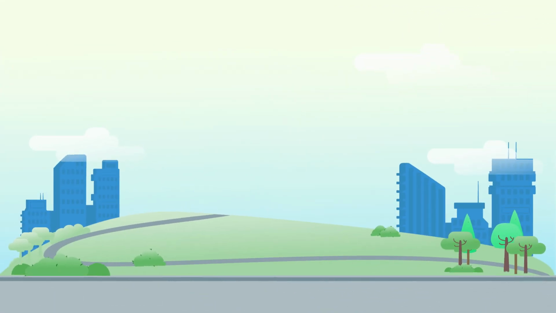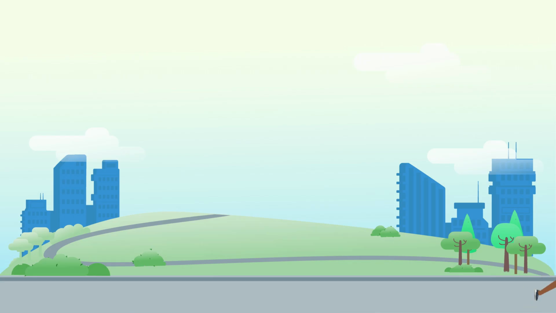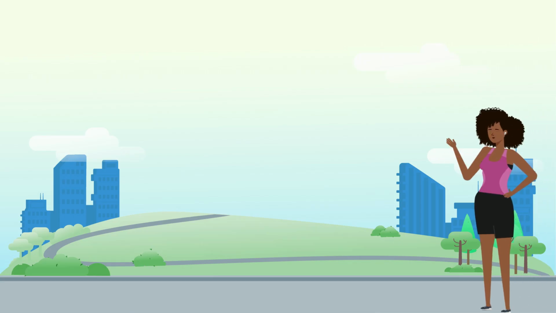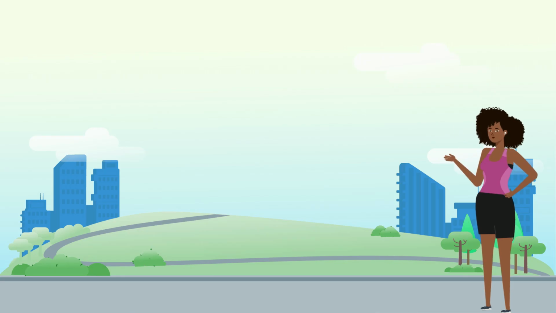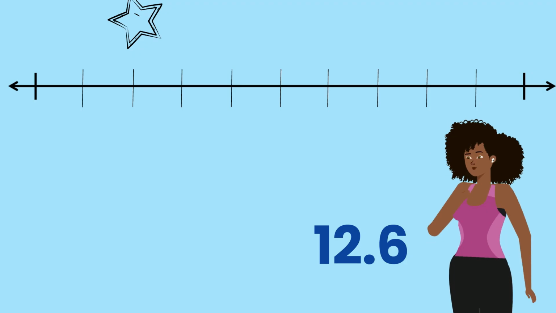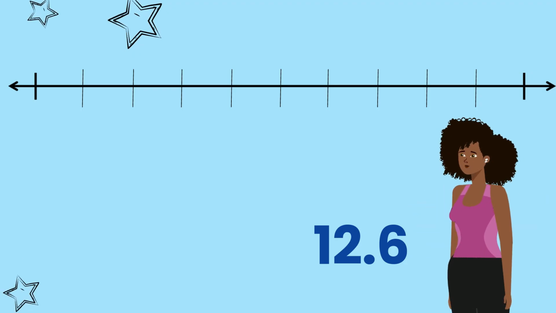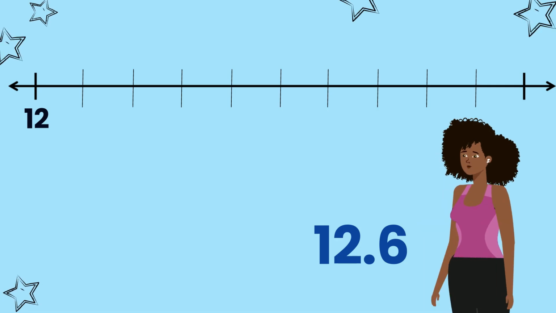Now let's practice with a real-world scenario. This is Ava. She loves to run. Her best time on the 100-meter dash is 12 6/10 of a second. Let's plot her time on a number line. First, we know that she runs for at least 12 whole seconds, so 12 is our whole number. We will put that here.